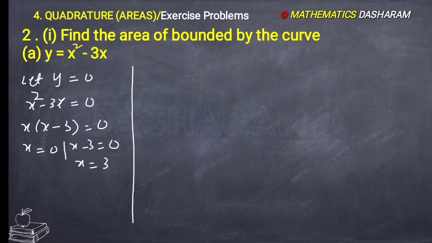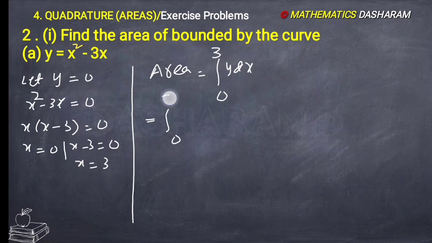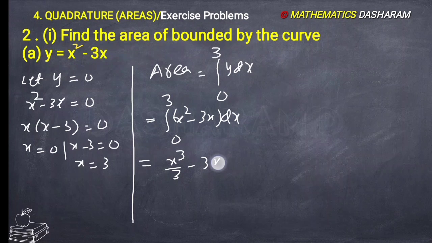Now the required area equals integration 0 to 3 y dx. So integration 0 to 3, y value x square minus 3x whole dx. Now integration of x square is x cube by 3, and integration of 3x is 3 into x square by 2, 0 to 3. So now substitute the ordinates, limits.